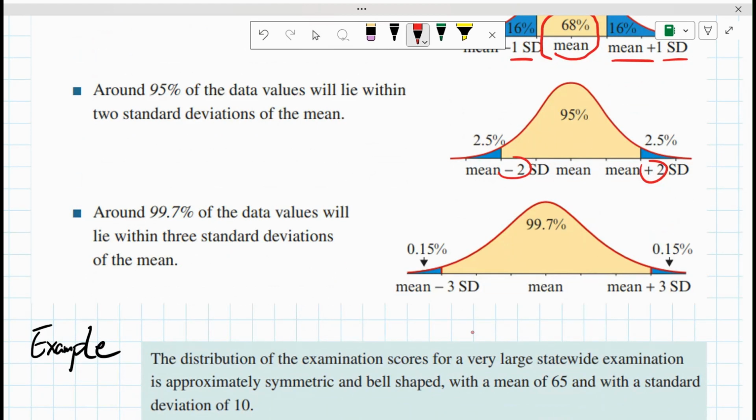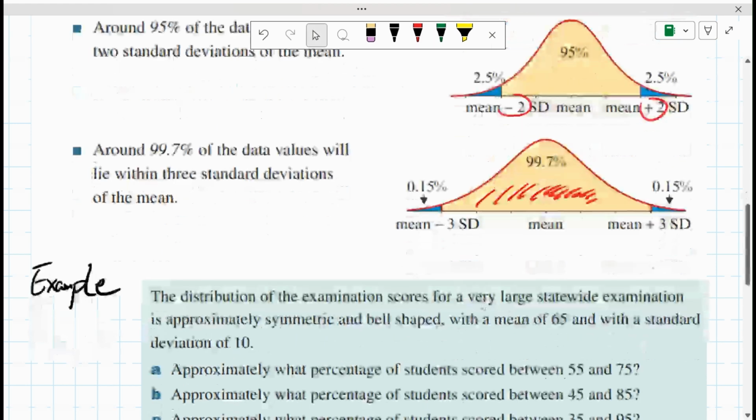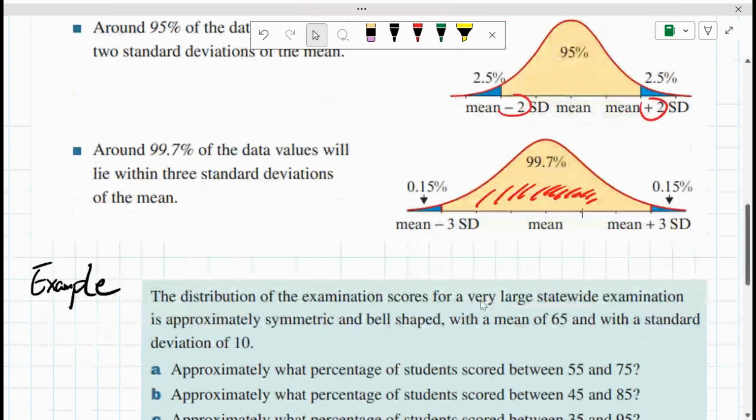You can see the curve is slightly getting flatter, but that means 99.7% of the population is in between, and only 0.15% is on the top and 0.15% on the bottom. For example, think about an ATAR score for your final examinations.